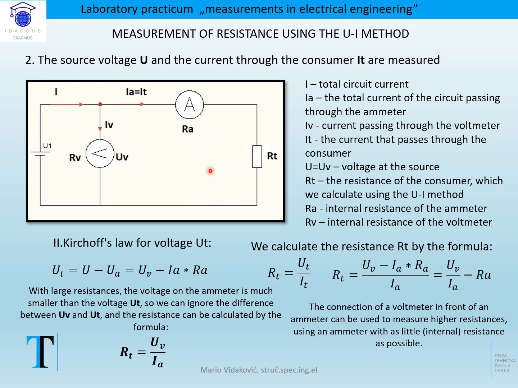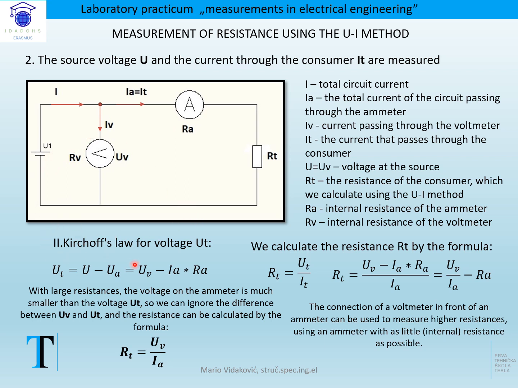RT is the resistance of the consumer, which we calculate using the UA method. RA is the internal resistance of the ampermeter. RV is the internal resistance of the voltmeter.